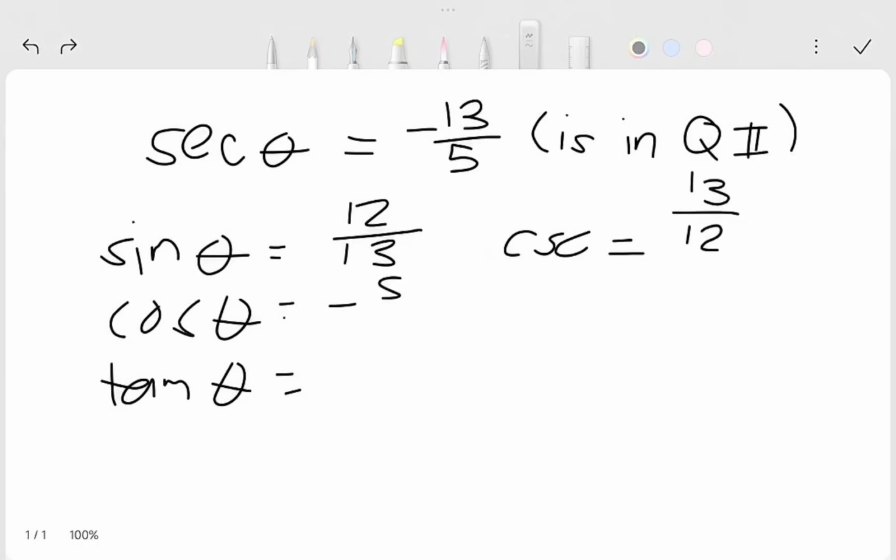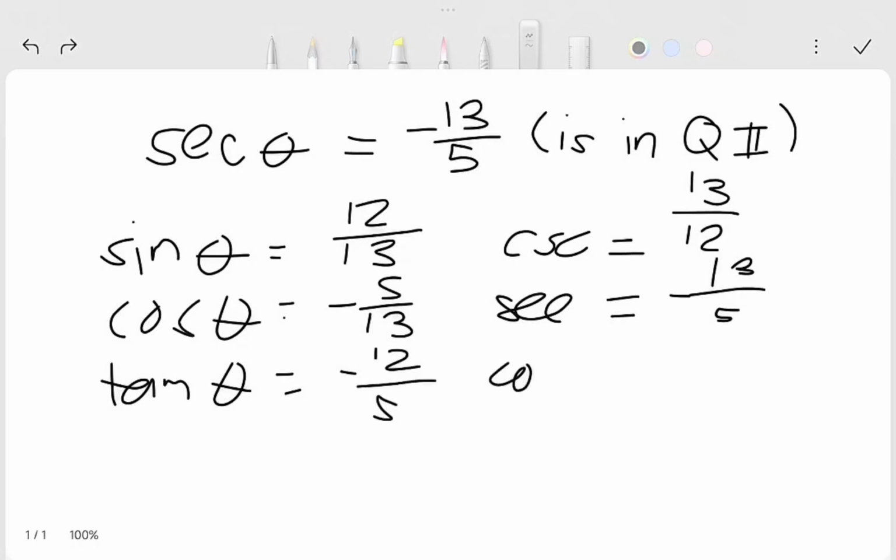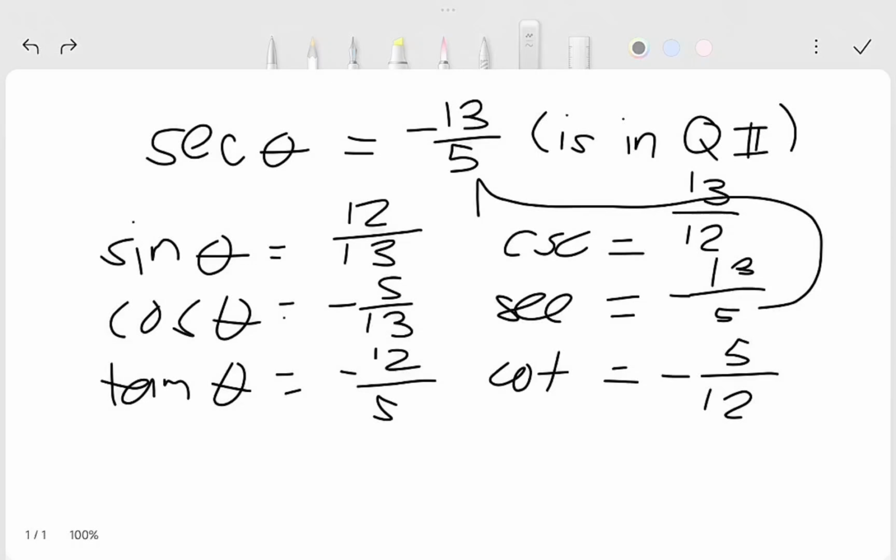Now the value of cos theta is negative 5 over 13, and its reciprocal, the secant, is negative 13 over 5. And our tangent is negative 12 over 5, and its reciprocal, the cotangent, is negative 5 over 12.